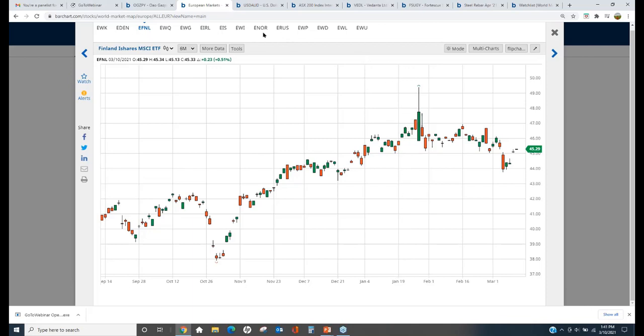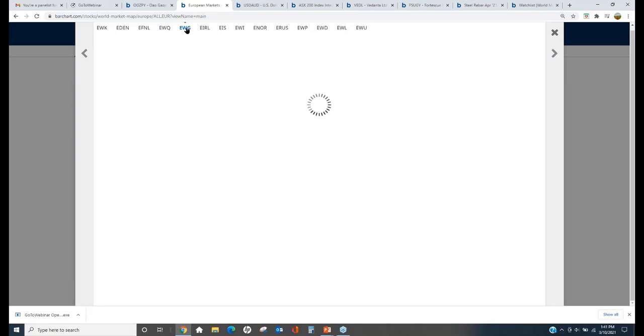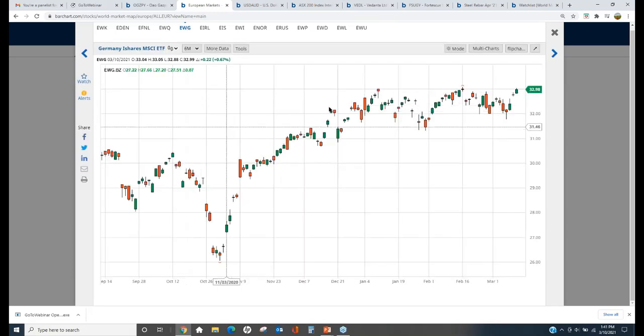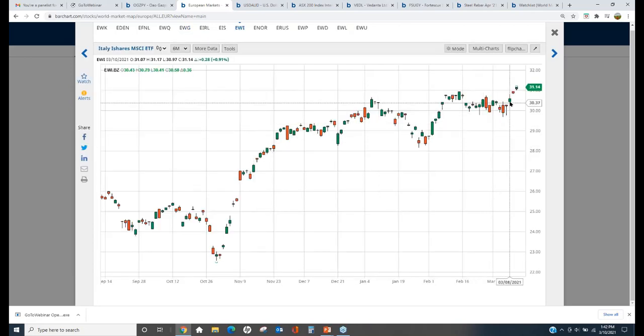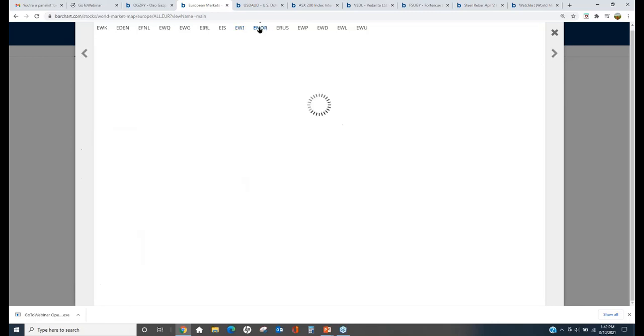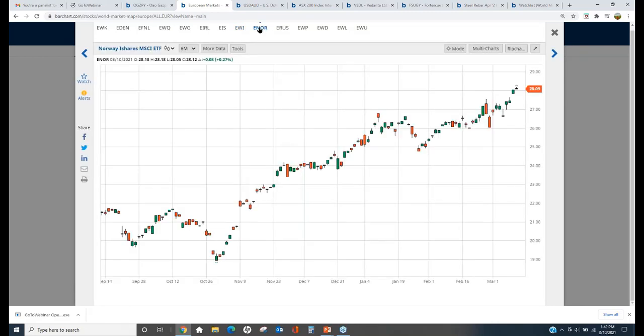So here's the German one. It looks like it's about to break out. Here's the Italian one. Again, looks like it's breaking out. And then this one really looks exactly like what we were looking at in that Stoxx index, and this is the Norwegian one.